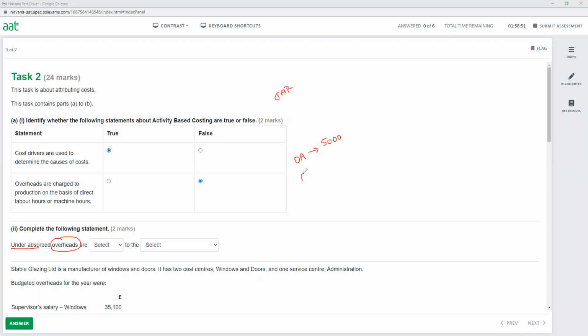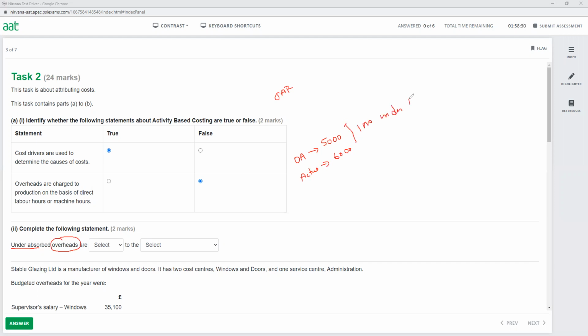But when I look at actual overhead, let's say 6,000. So I absorbed 5,000 on my plan, on my budget, but actual overhead is 6,000. So that means there is an under absorption of 1,000.